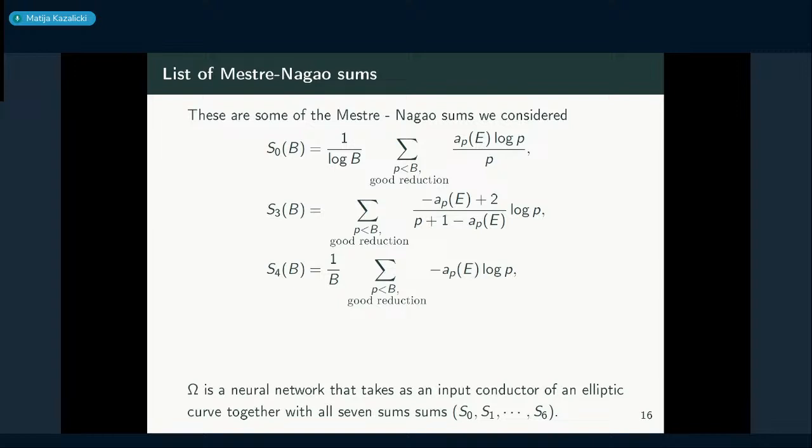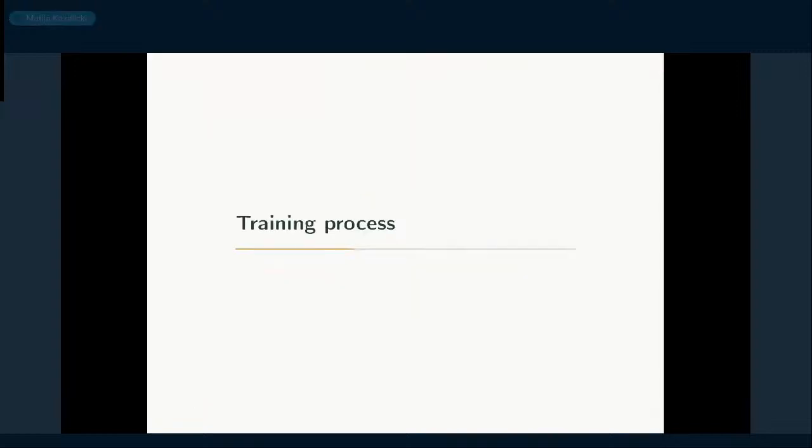And as I mentioned earlier, omega is a neural network that takes as input the conductor of the elliptic curve, and also all 7 previous Mestre-Nagel sums, and this neural network worked much better than all other Mestre-Nagel sums individually.